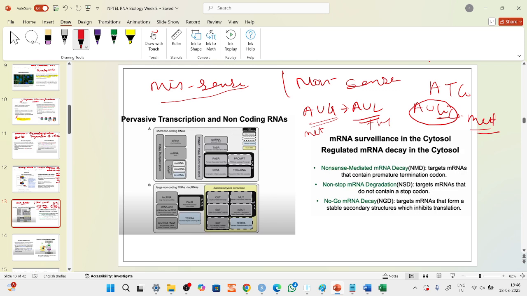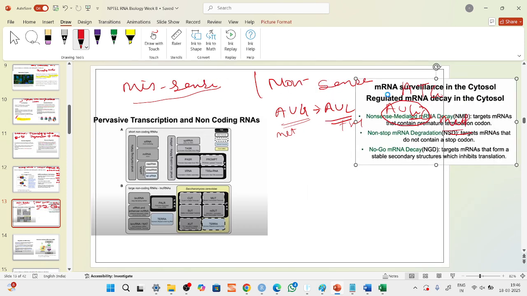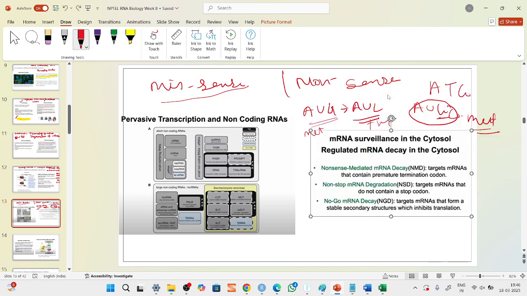Don't say, ma'am, how can you say AUC does not code for tryptophan; I'm just giving an example. So now this AUC codes for tryptophan. The sense has been changed. This particular mutation is called a missense mutation, because whatever sense this codon originally made, that sense has changed now.